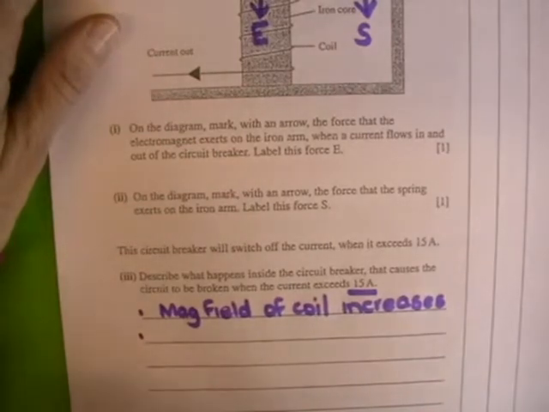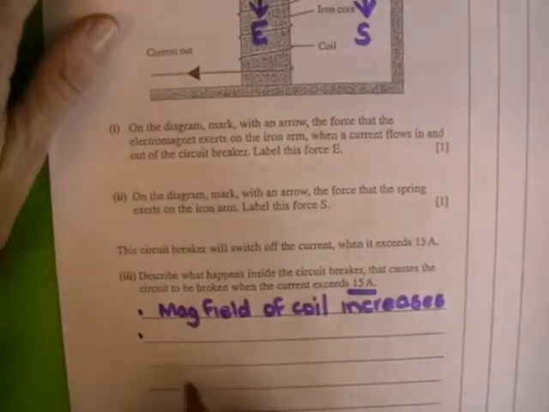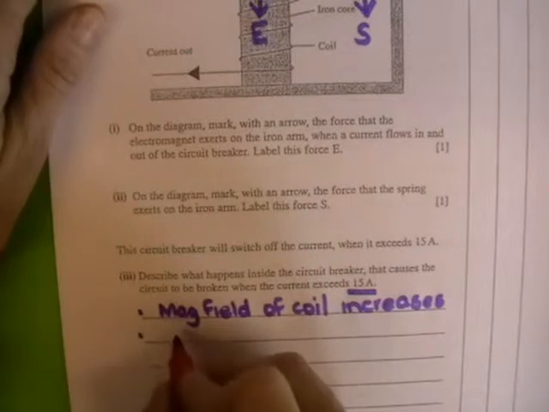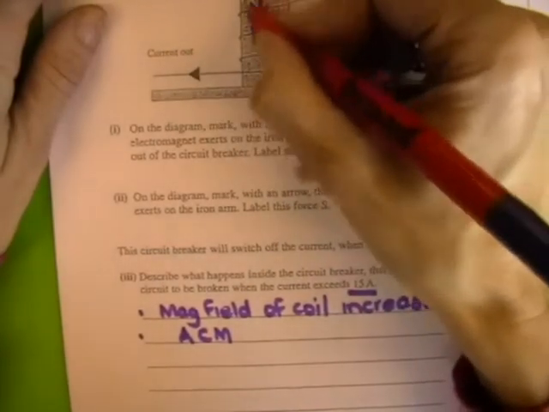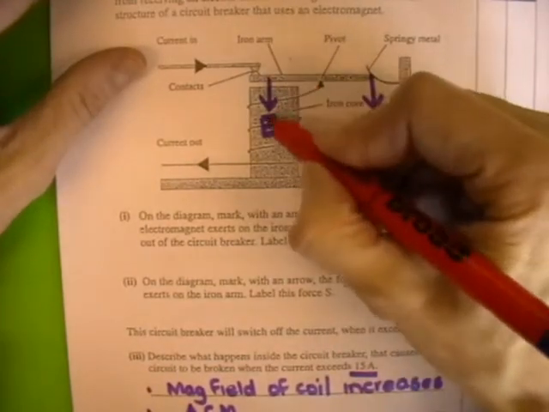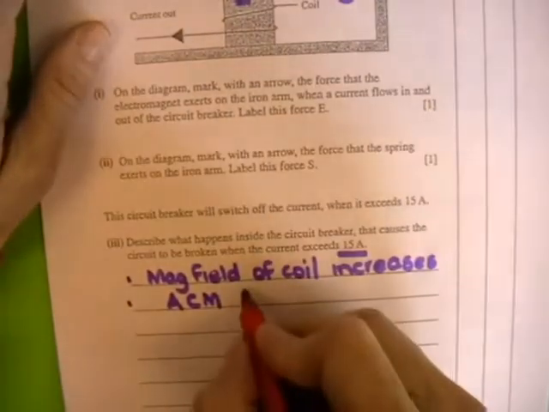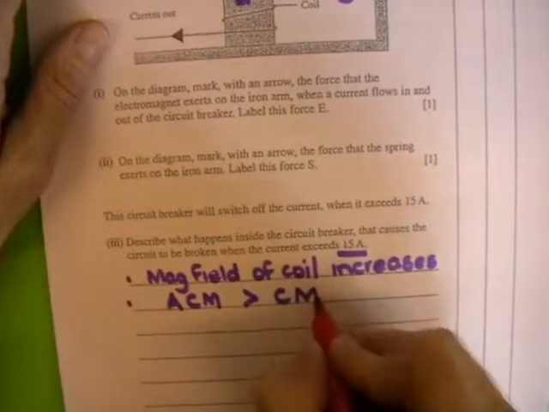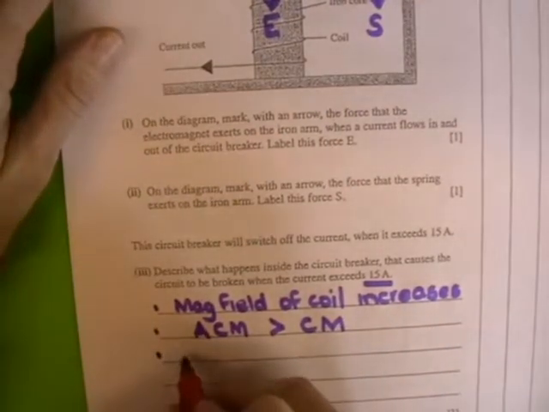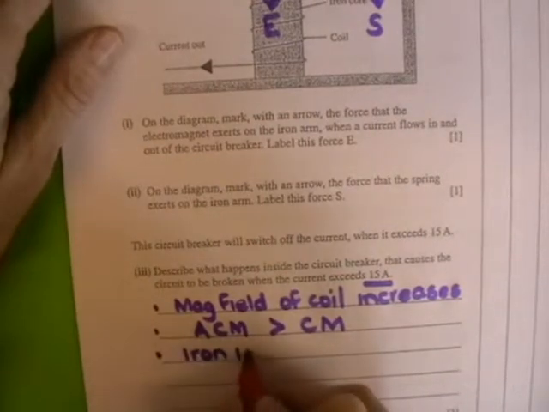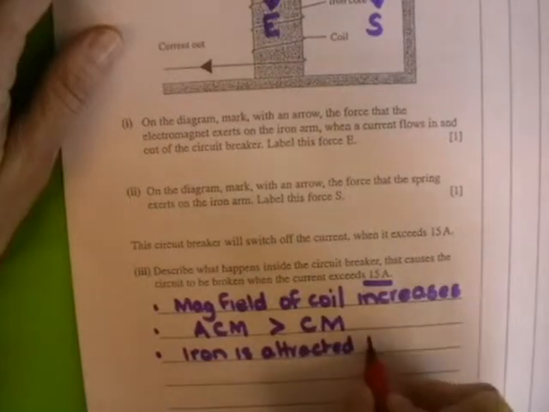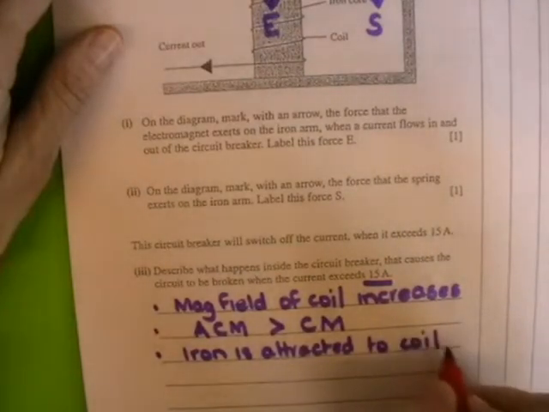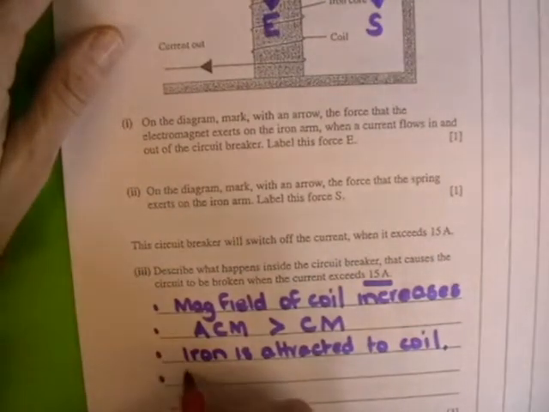Then they suggest in the mark scheme that you might write something about moments. So you could write that the anti-clockwise moments, which is this side here, I'll show you there, there's the anti-clockwise moment there, becomes greater than the clockwise moments, which is the moment due to the spring. And therefore the iron arm is attracted to the coil. This breaks the contact.